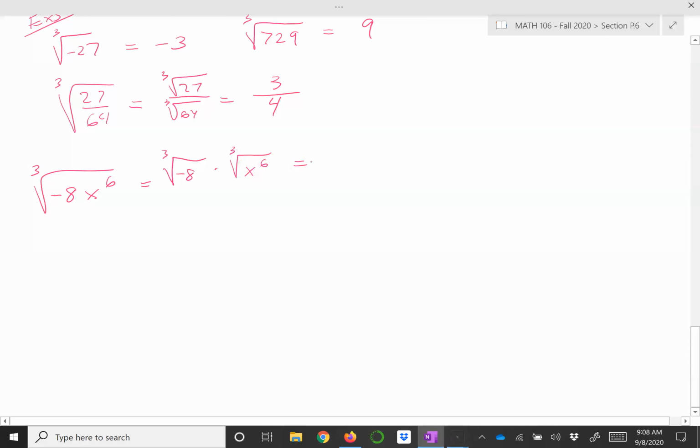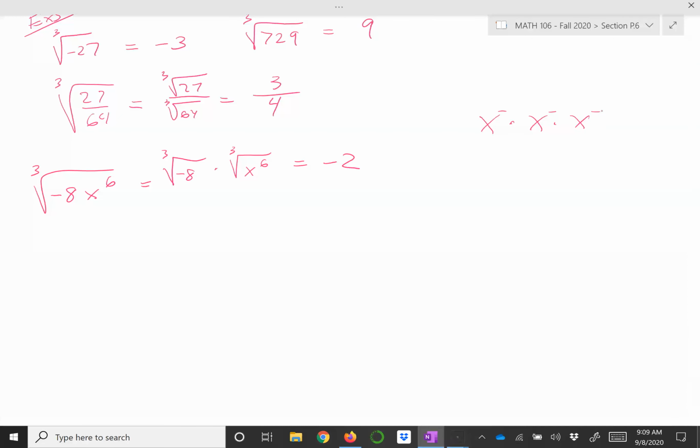What's the cube root of negative 8? We already did it. It's negative 2. And how about the cube root of x to the 6th? Basically, what do I multiply together 3 times with the x variable to get x to the 6th? So I need to do this. Now, I want to know what exponent here will allow me to get an x to the 6th.